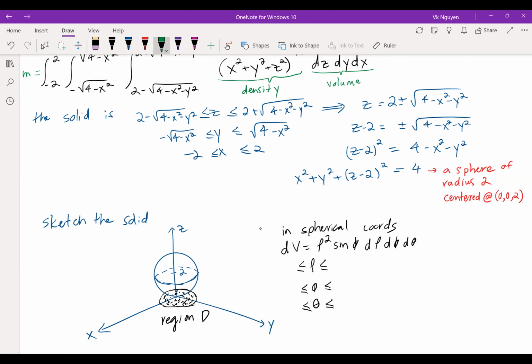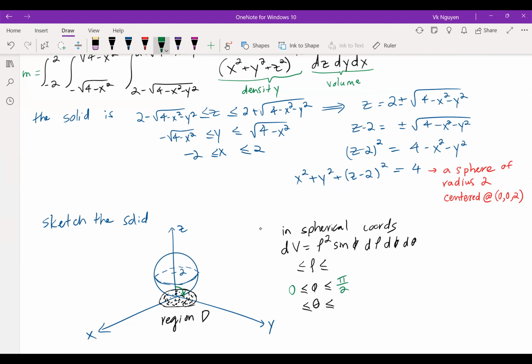Phi is the angle that goes from the z-axis. So if you look up here, this phi goes from here all the way down here. So this is your phi, right? So phi goes, according to the solid here, from 0 to the xy plane.